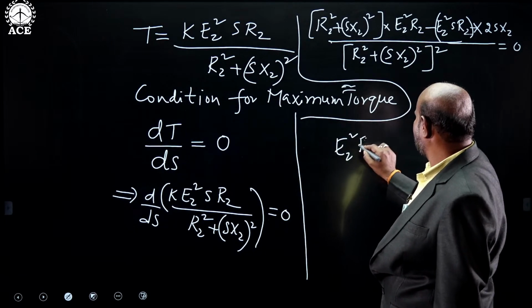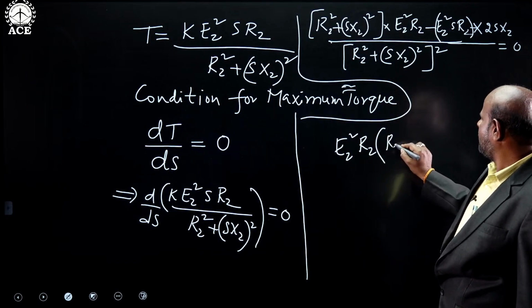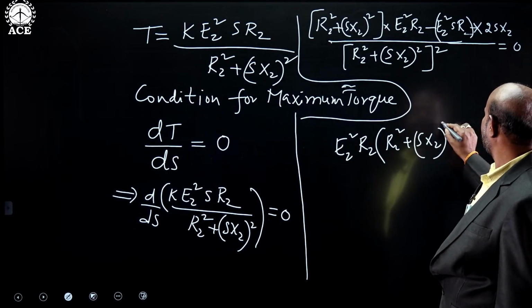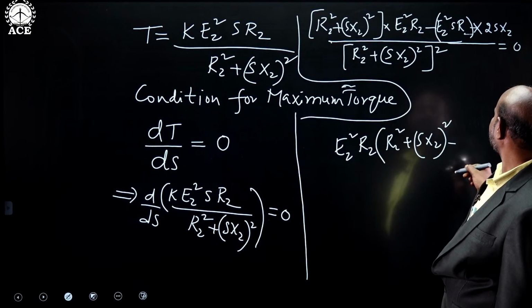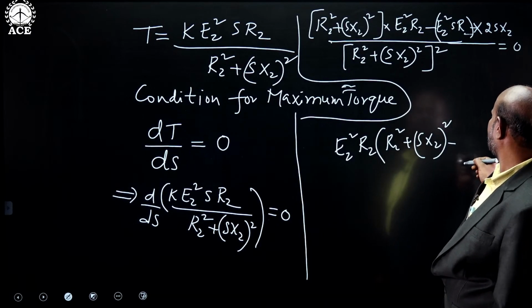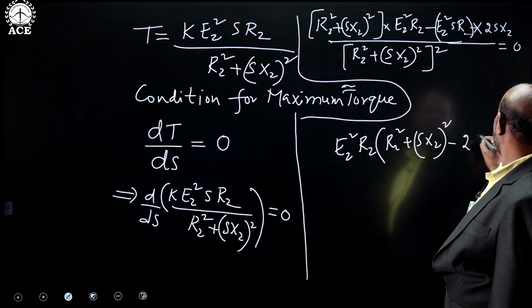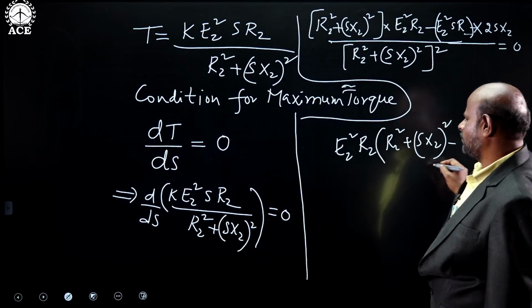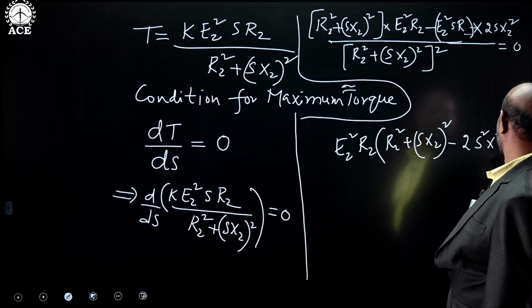So E2 square R2 into (R2 square plus (S X2) whole square) minus 2 S square X2 square equal to 0.